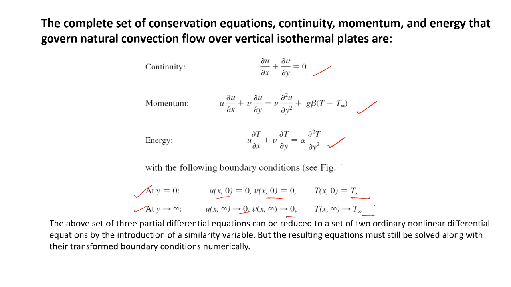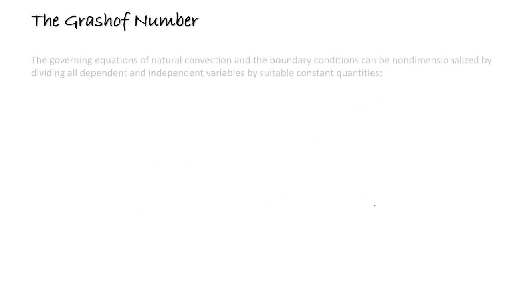The above set of three partial differential equations can be reduced to a set of two ordinary nonlinear differential equations by the introduction of similarity variables, but the resulting equations must still be solved along with their transformed boundary conditions numerically. So in order to simplify these equations, we non-dimensionalize all these terms. Before that, we must know what the Grashof number is.